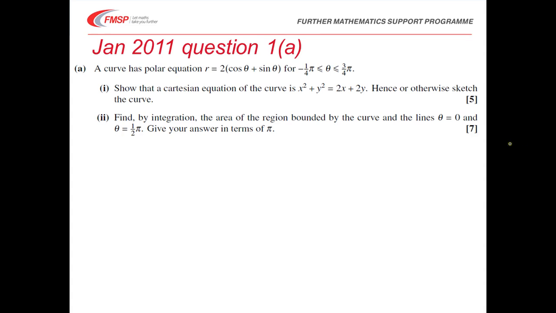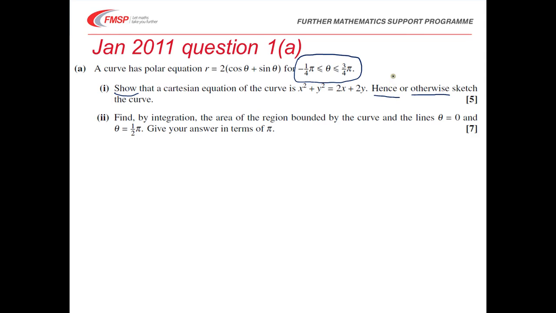We start with a polar equation and note the range of values for theta, which is possibly not what you usually see. The first thing we're asked to do is to show that the Cartesian equation of the curve is this one given. So we need to make sure we've got enough working there. Then it says hence or otherwise sketch the curve.